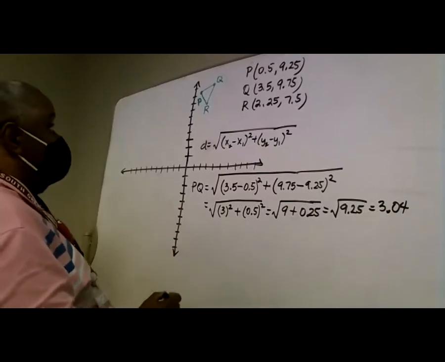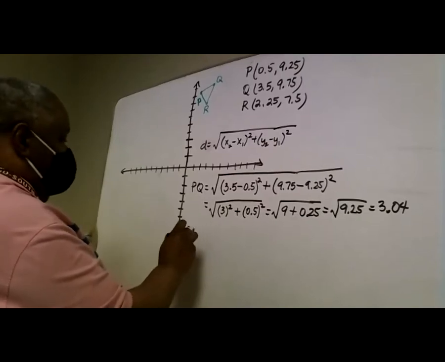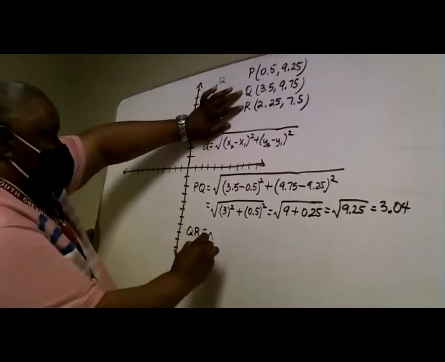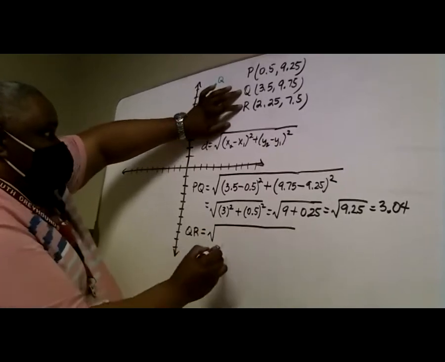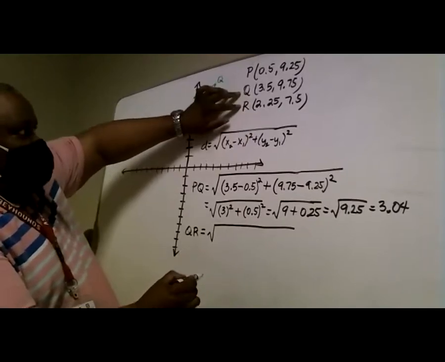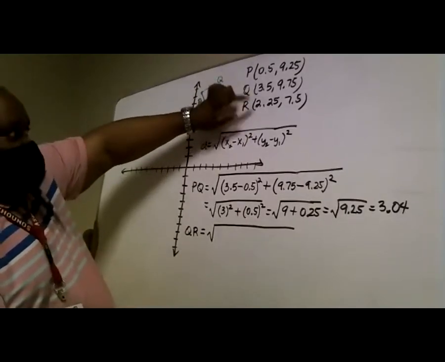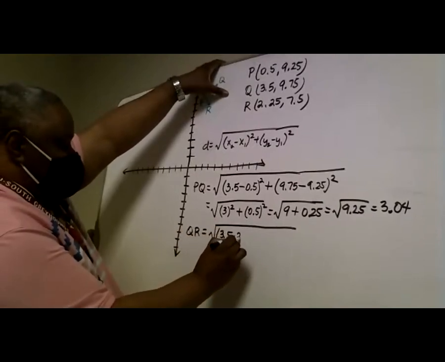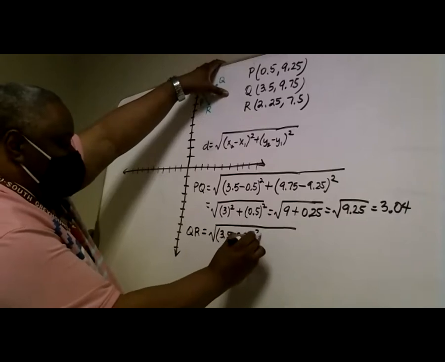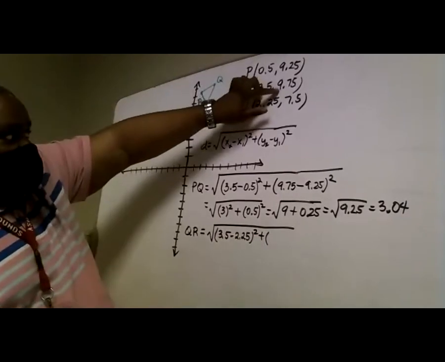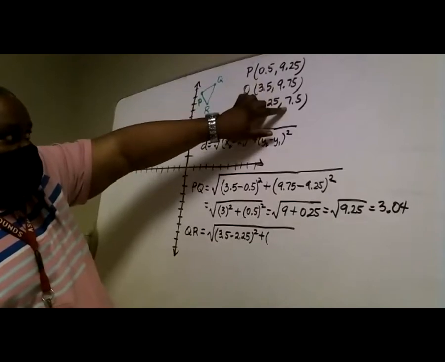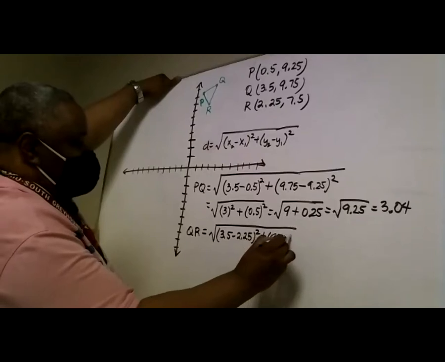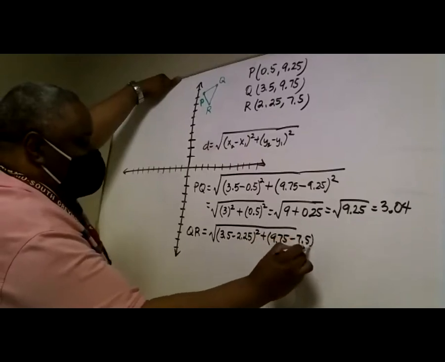And now for, let's say, QR. So here's Q and here's R. This would be the square root of 3.5 minus 2.25, and that's squared, plus 9.75 minus 7.5, and that's squared.